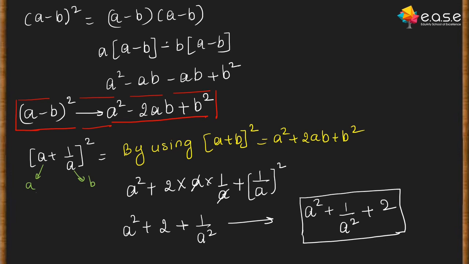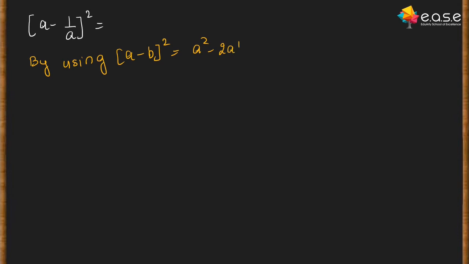These things are called identities. Similarly here, suppose we have (a − 1/a) the whole square. What formula can we use here? By using (a − b) the whole square, which is equal to a square minus 2ab plus b square.